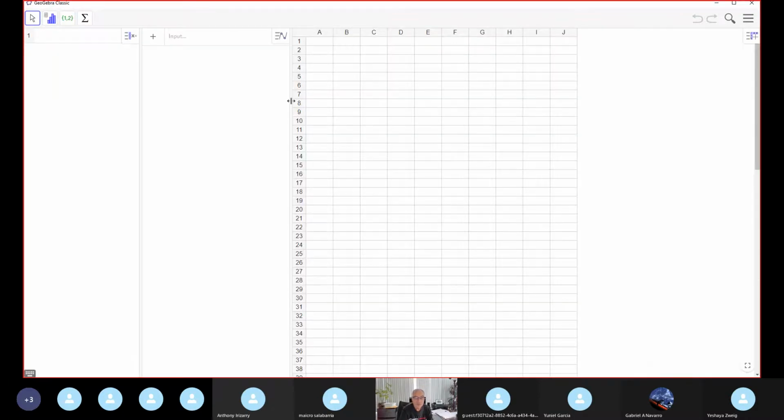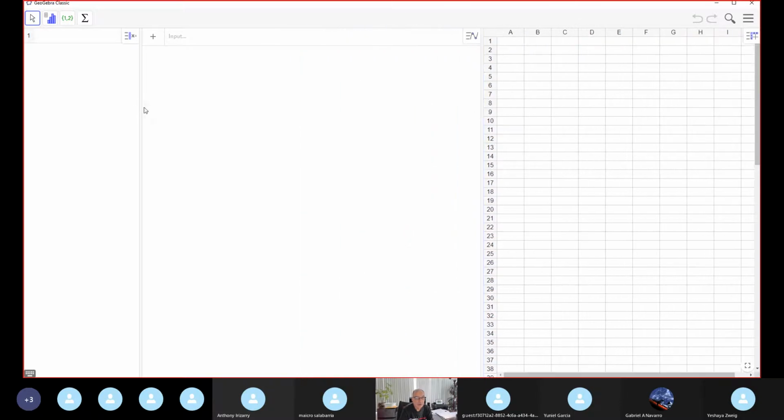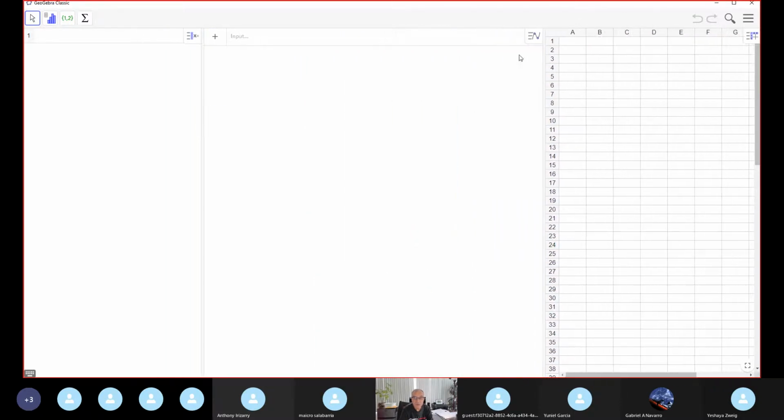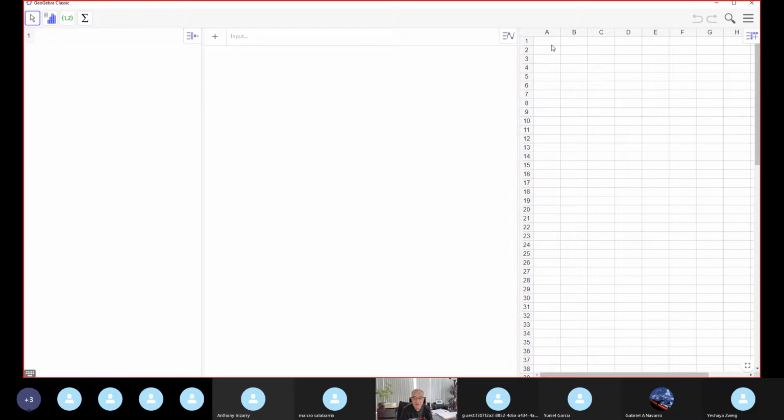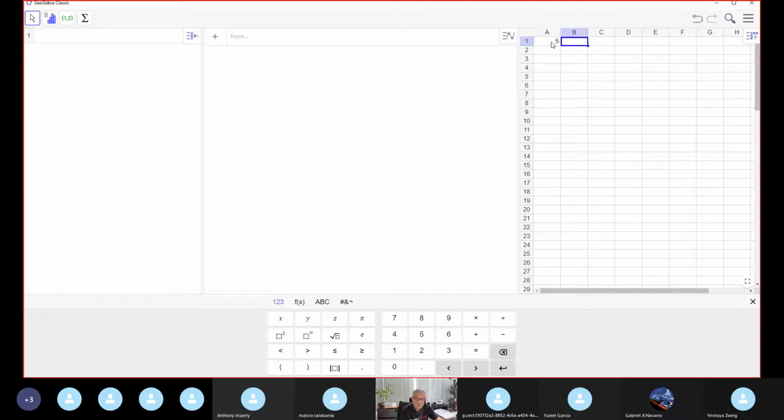In the spreadsheet, you type in the numbers; this works as a matrix editor. The first equation is 1, 0, 0, 0, and 1.